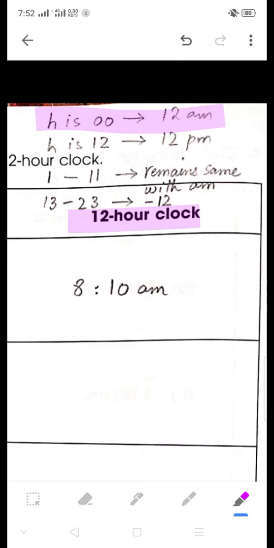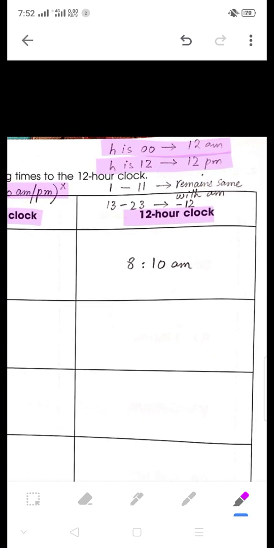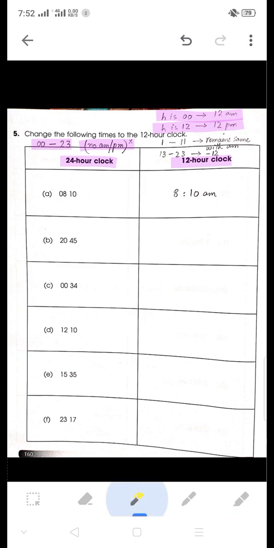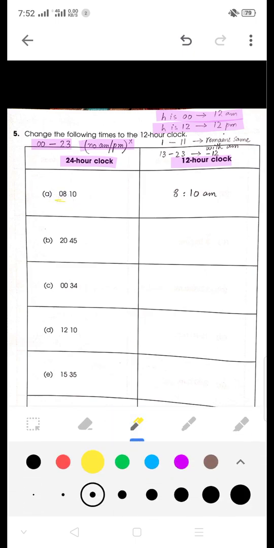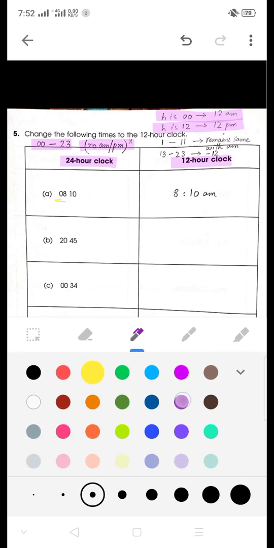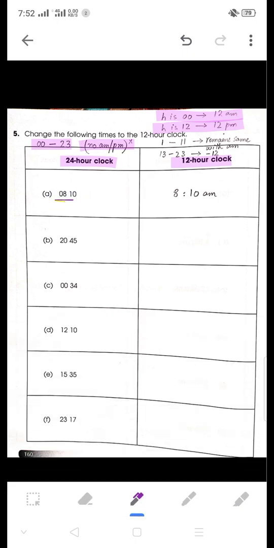If the hour is 12, it means it is indicating noon time. Noon time is 12 PM, when you are in school, 12 PM. Okay. The other, if the hour is from 1 to 11, the time will remain same and we will write AM with it.